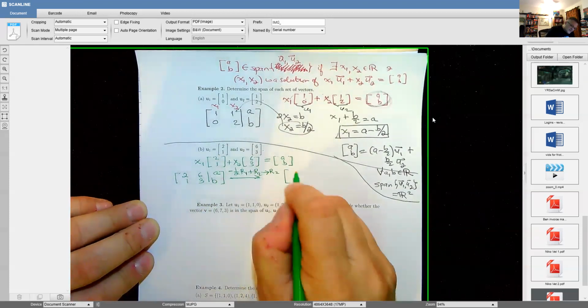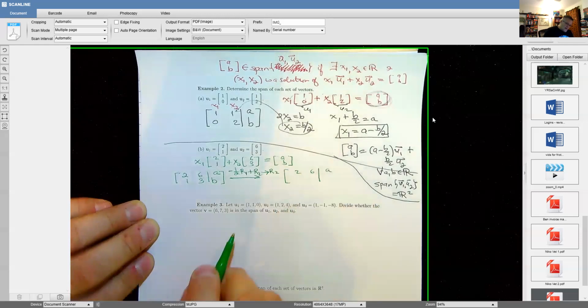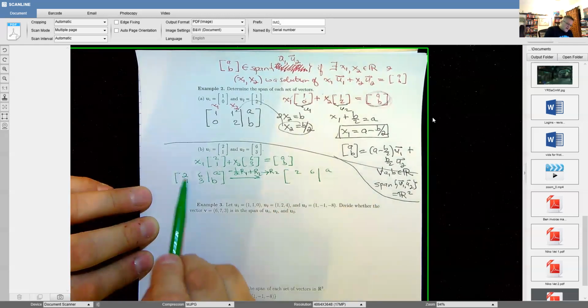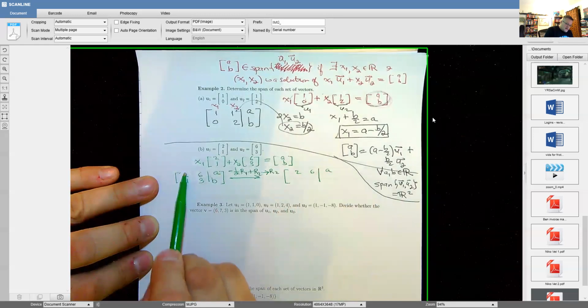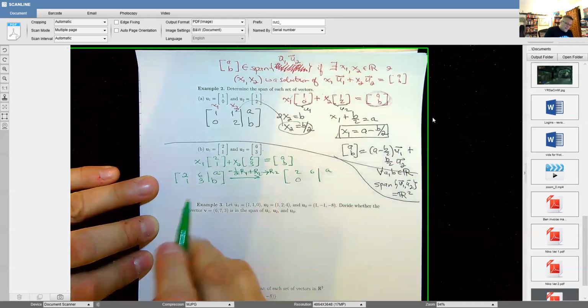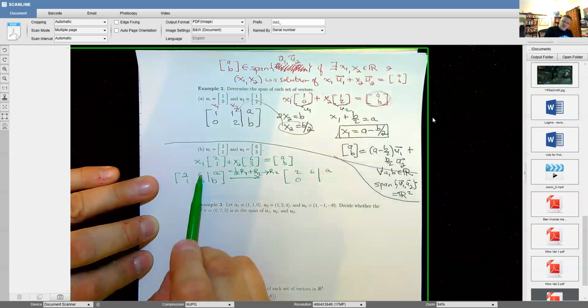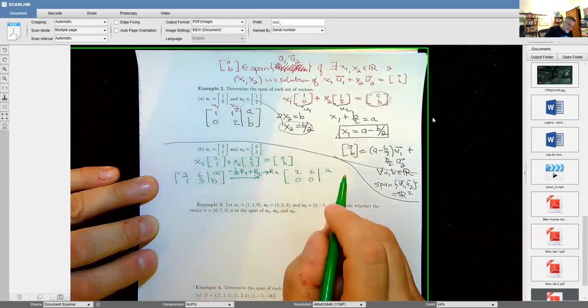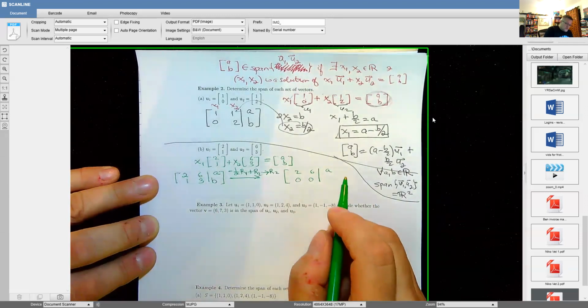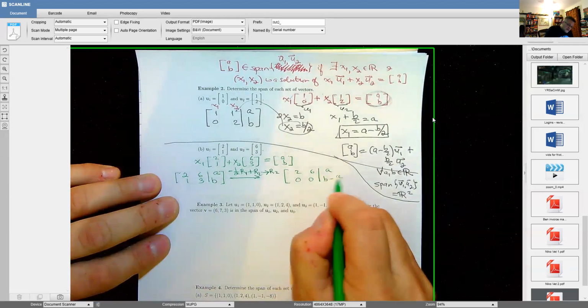If I do that, the first row doesn't change. But this time, if I multiply by negative 1/2 and add, that'll be a negative 1 plus 1, which is a 0. A negative half of 6 is negative 3, plus 3 is 0. And negative half of a is negative a over 2 plus b, that's b minus a over 2.